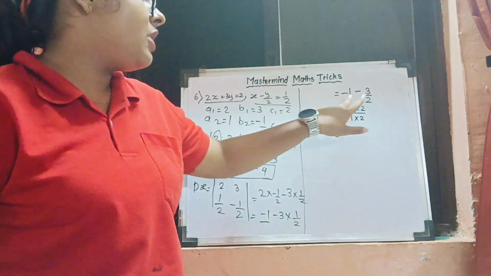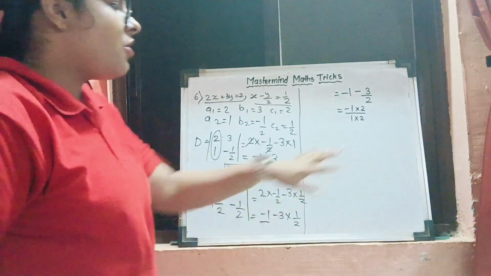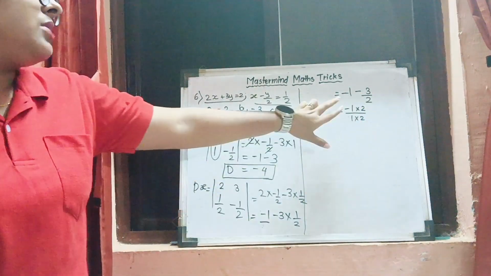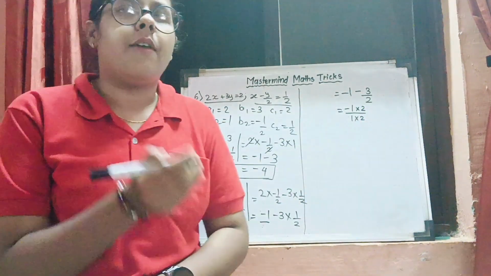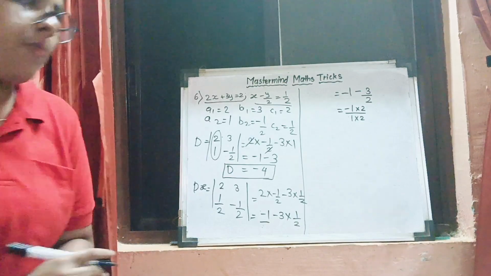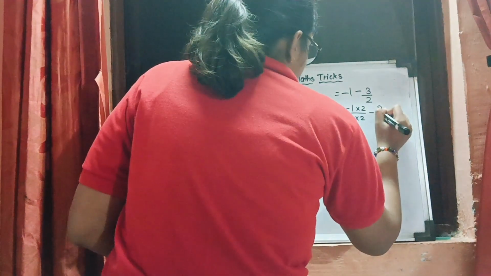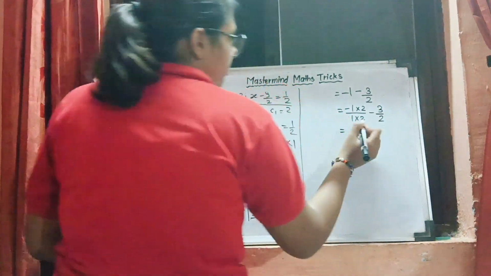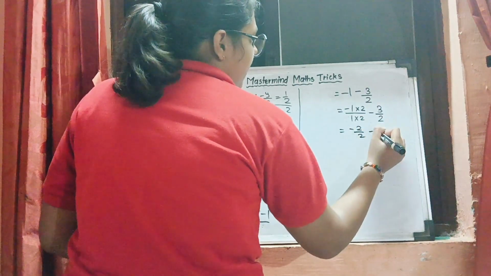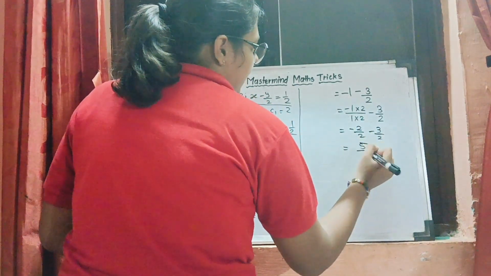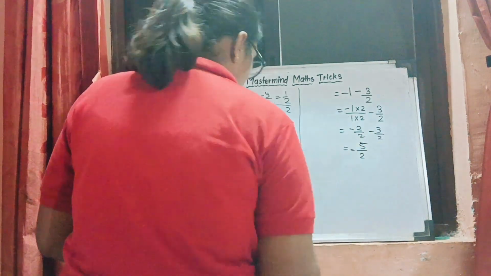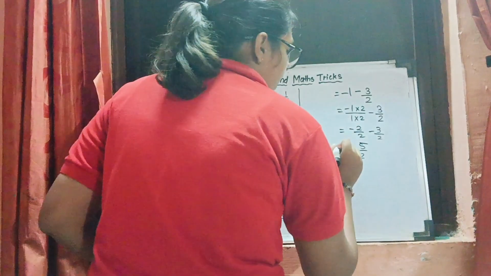To make the denominator the same. Only after making the denominator the same can we solve this question. So you must know the concept of LCM or HCF. Upon 3 by 2. So we will get minus 2 by 2 minus 3 by 2. Minus minus became plus 5 by 2, and the bigger sign is minus, so minus 5 by 2. So the value of Dx is minus 5 by 2.